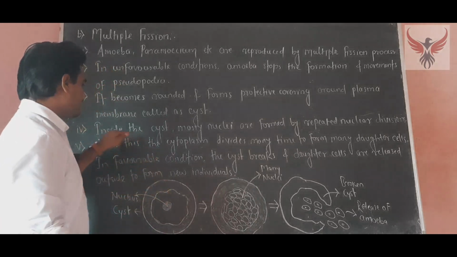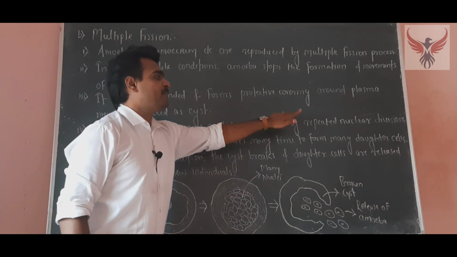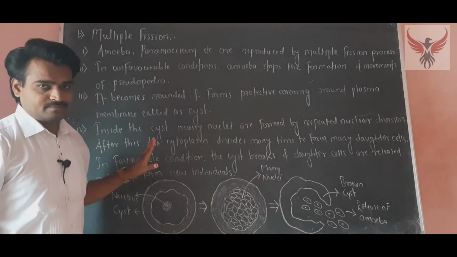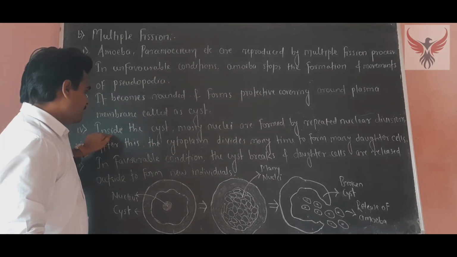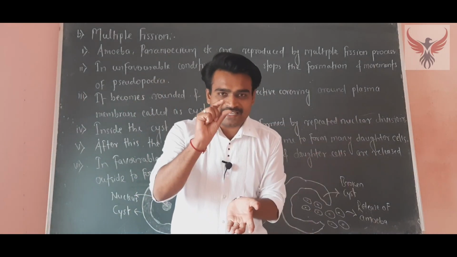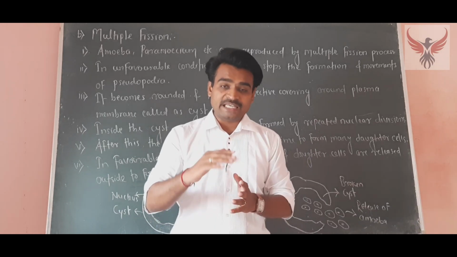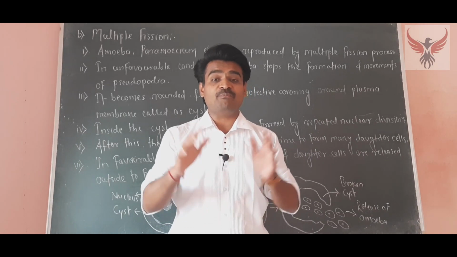The next point is, inside the cyst, many nuclei are formed by repeated nuclear division. The single nucleus of amoeba undergoes multiple nuclear divisions, resulting in the formation of many nuclei.